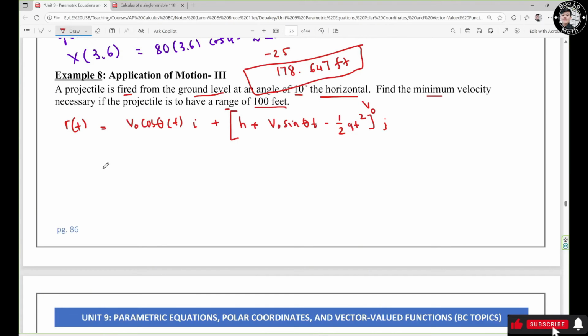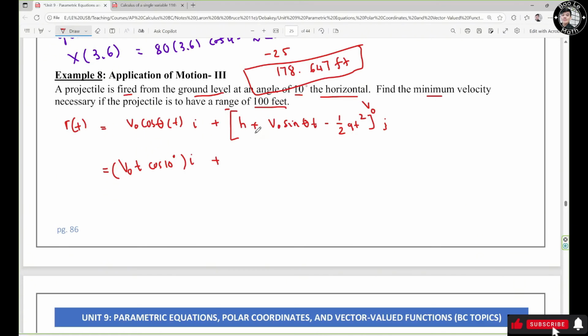Now we just plug in values, right? So we have v0 t right here. T is not given, right? Cosine theta, which is cosine 10 degrees, right? And this one is the i component.